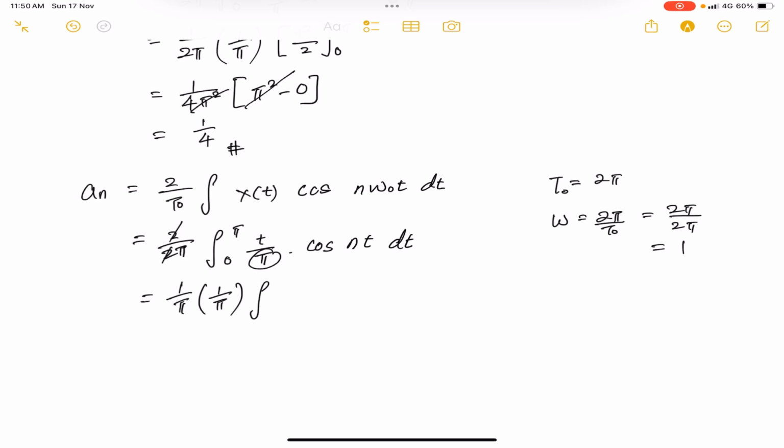Then multiply with the integral from 0 to pi of t multiplied with cos n t dt. If you look at here, it's the integration of t multiplied with cos n t. So you cannot straight away do the normal integration. So you need to apply integration by parts.